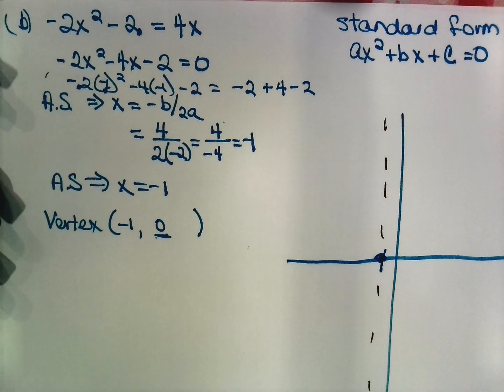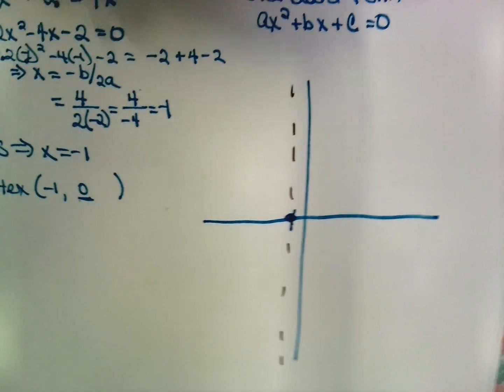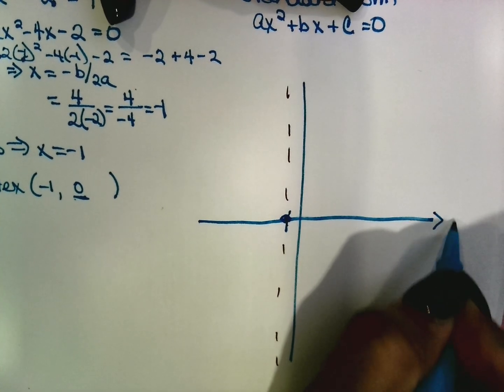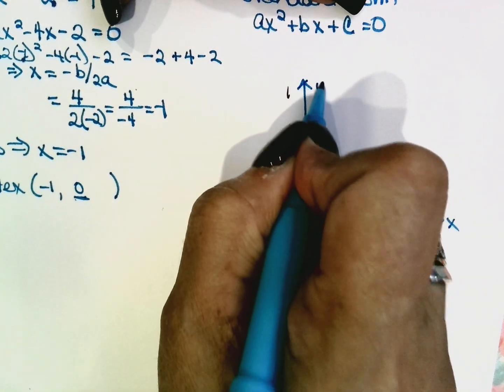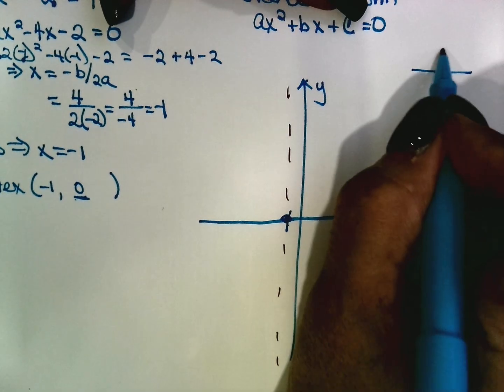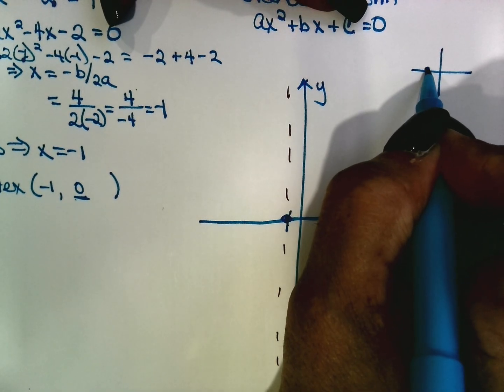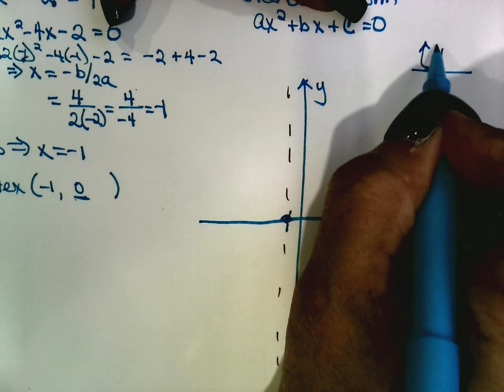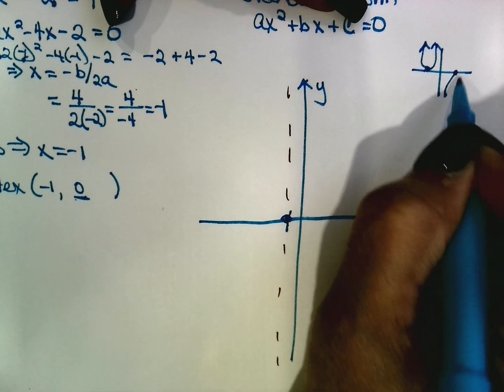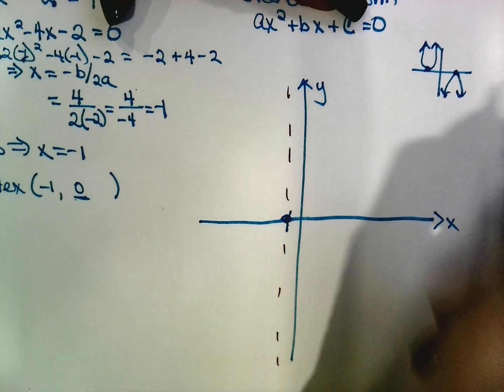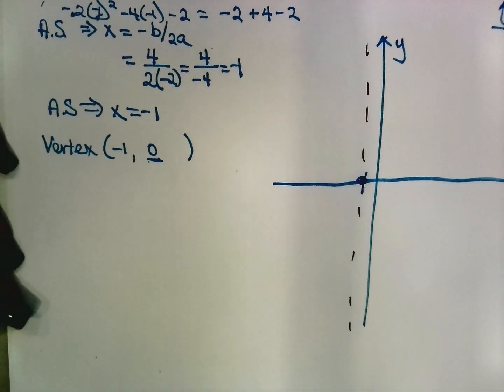We only have one x-intercept. This is going to be one of those functions where it just touches the x-axis. So you're going to have something either like that, where it just touches at one point, or maybe something like that. One solution. All right.